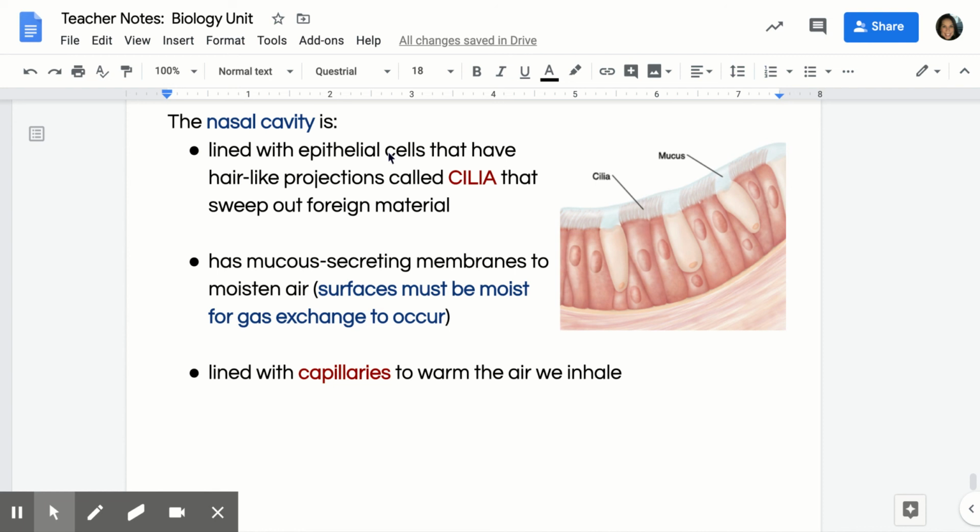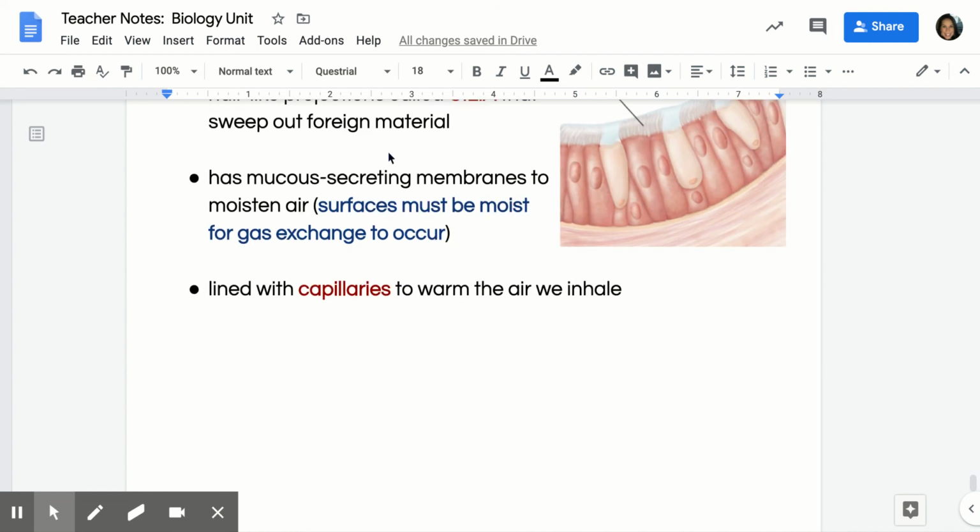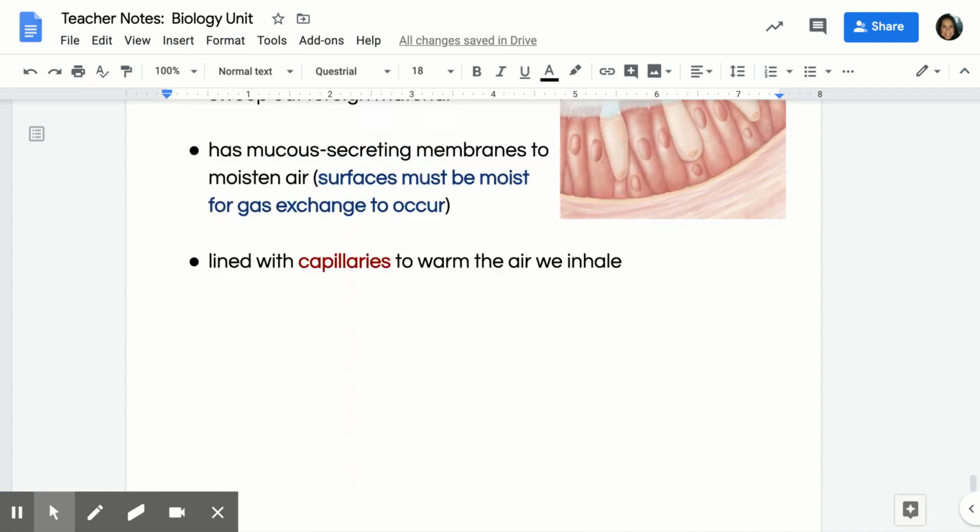We also have a mucus secreting membrane that moistens all of the air for us, because the surface has to be moist in order for gas exchange to happen. Remember that water is involved in that gas exchange process, so that moistness needs to happen. And then it's lined with capillaries to help warm the air as we inhale. This is also why when we exhale, it seems so much warmer, right? We can see our breath outside when it's cold outside.